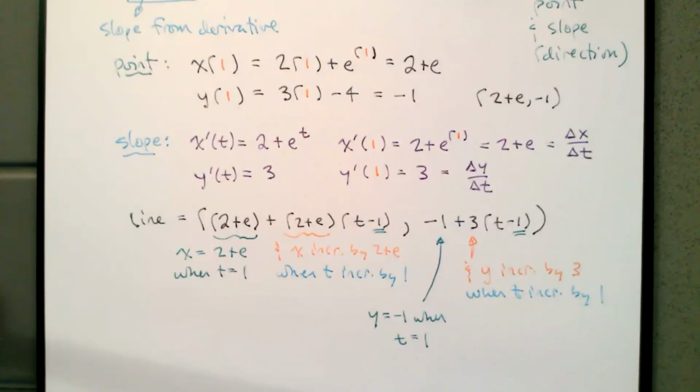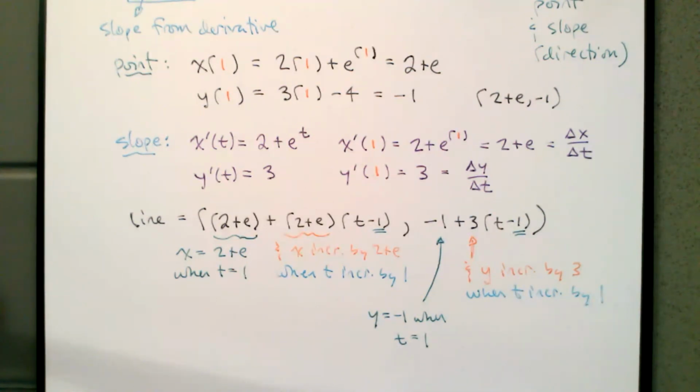Then we plug 1 in, we have the change in x with respect to t. And then on the y derivative, we plug 1 in, we get 3, the change in y with respect to t. I get that point, but the last line, I have no clues where you get those, 2 plus e.